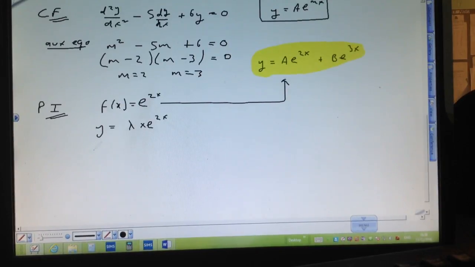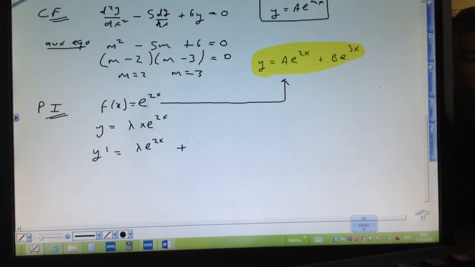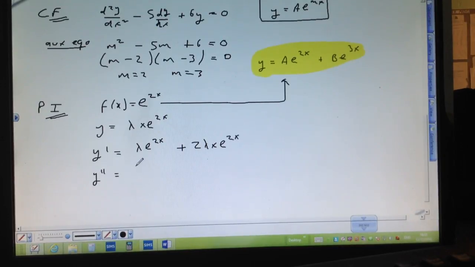Okay, so you go ahead and differentiate that now with respect to x. You get y dash is equal to, it's a product, differentiate the first, lambda e to the 2x, leave the second, plus, leave the first, and times by the differential there. Well, that's going to give you 2 lambda x e to the 2x. Differentiate again, y dash dash, well that's just going to give you 2 lambda e to the 2x.